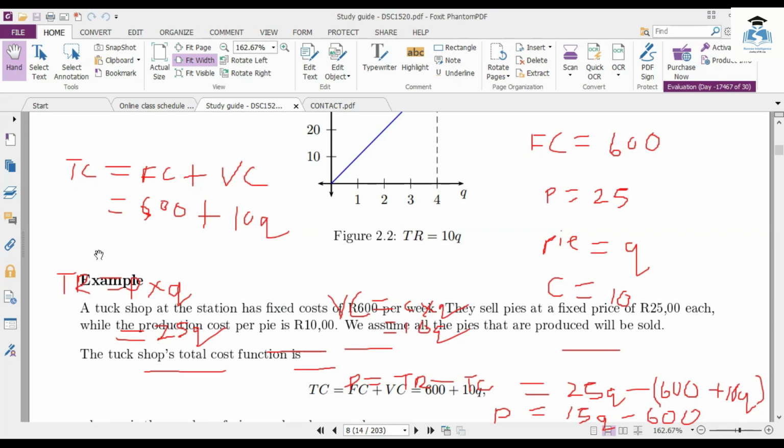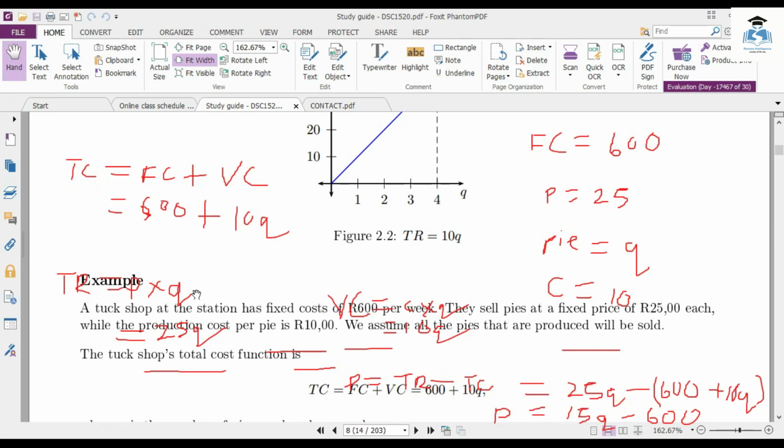If I may ask, so the question here is what? Calculate the profit. Yeah, because for now, the statement, if we look at this question, doesn't tell us anything. We are just formulating what we have learned so far, to say if we want to calculate the total cost, what do we do?